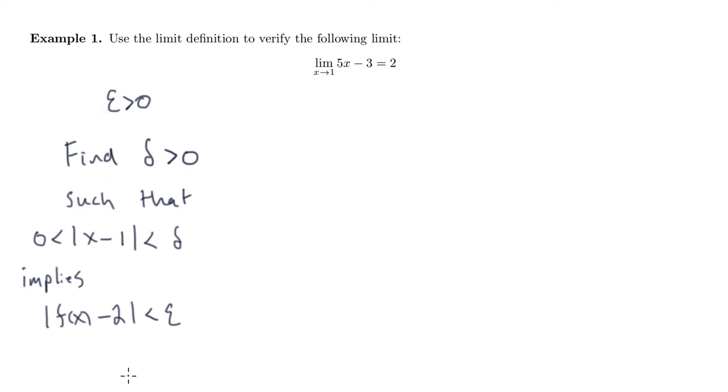So the idea is to work backwards. I want the absolute value of f of x minus 2 to be less than epsilon. Let's write down what that means. f of x is 5x minus 3, so I want the absolute value of 5x minus 3 minus 2 to be less than epsilon.